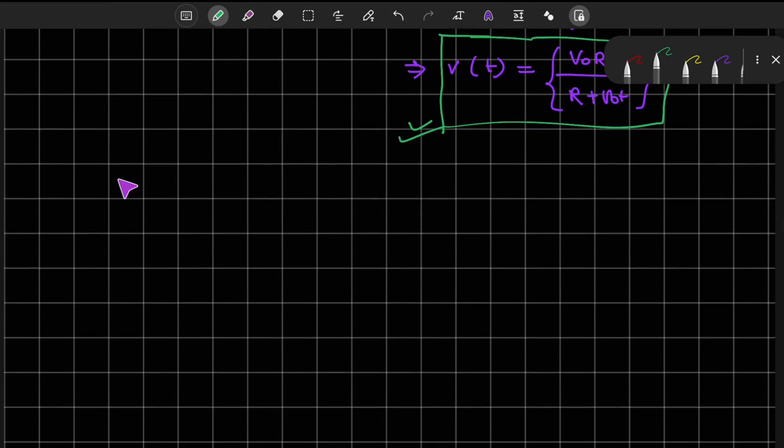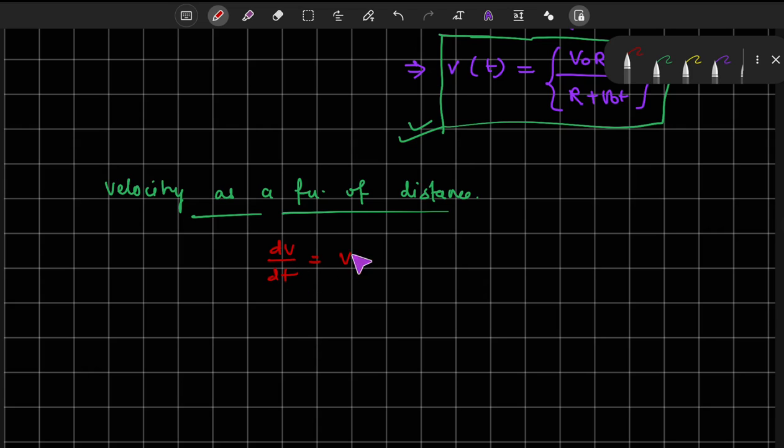Now let us talk about velocity as a function of distance. Okay. So for that we can write dv by dt is equal to v dv upon ds.